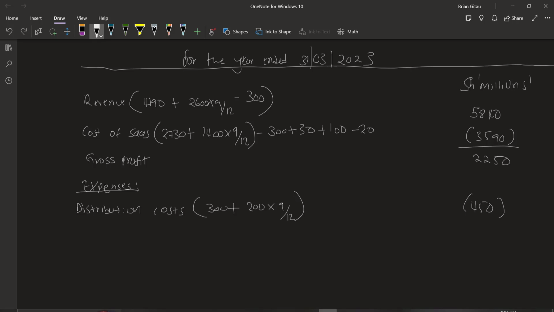Less. Next we have administrative expenses. Administrative expenses we have 500 plus 400 times 9/12. So this is giving me 800.